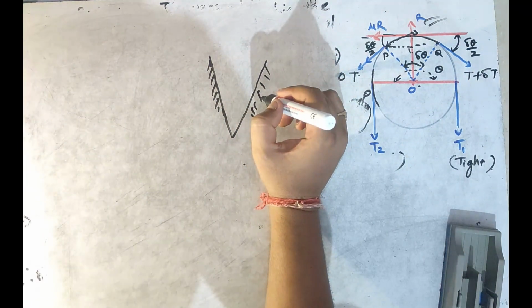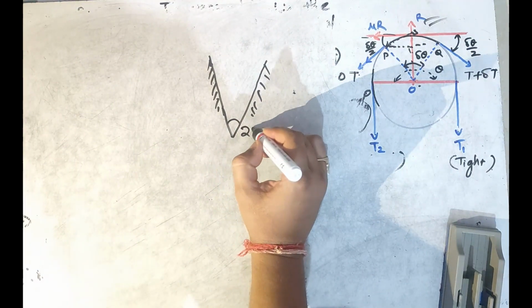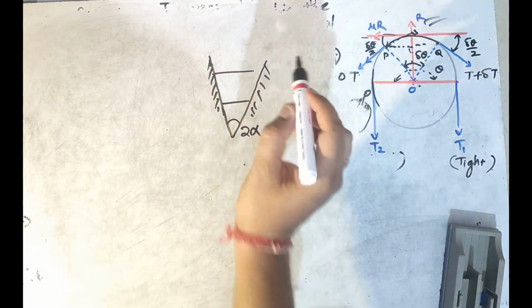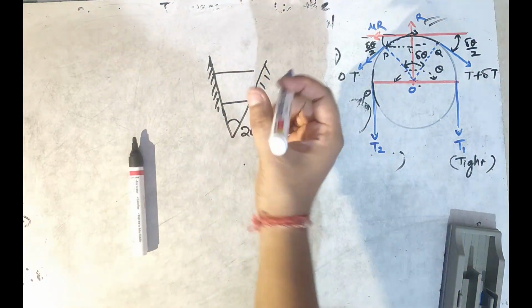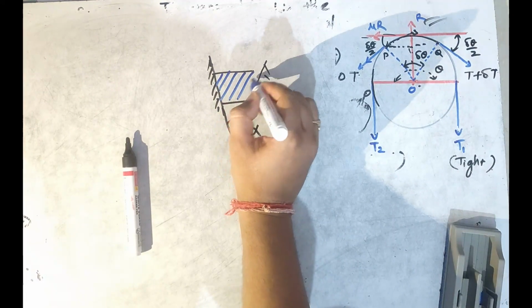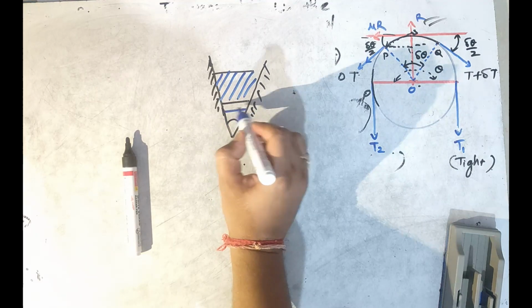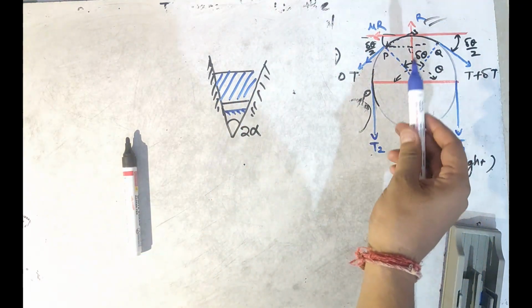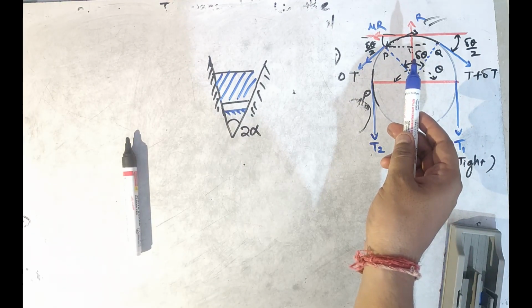Okay, suppose this is the angle, that is 2 alpha. Suppose this is the portion of the belt. So now, here the reaction is simply one, that is the reaction between the belt and the pulley.